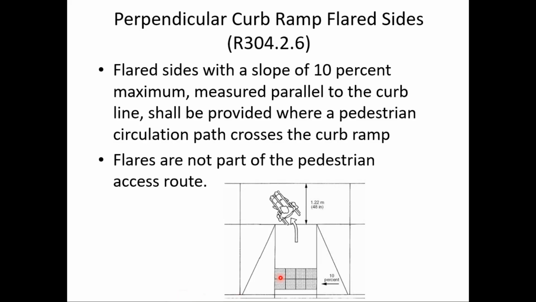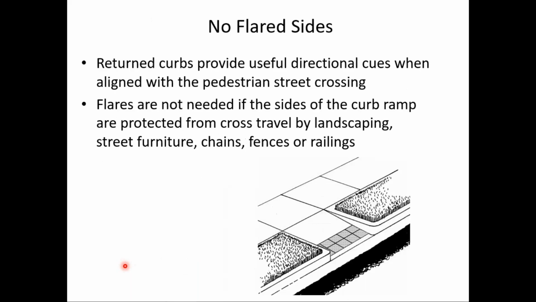So as I said earlier, if that ramp is in the pedestrian circulation path where pedestrians might walk across it at right angles like that, we need to have flared sides. But if the ramp is not in a pedestrian circulation path like you see here, notice the ramp is in the grass strip, then we can use vertical curb returns. We don't have to have flared sides.